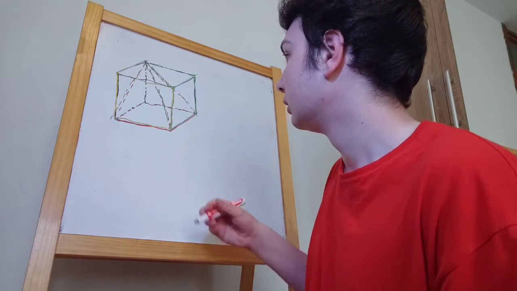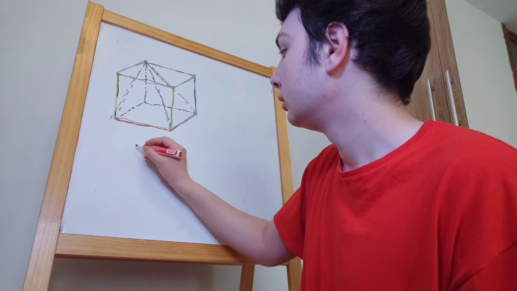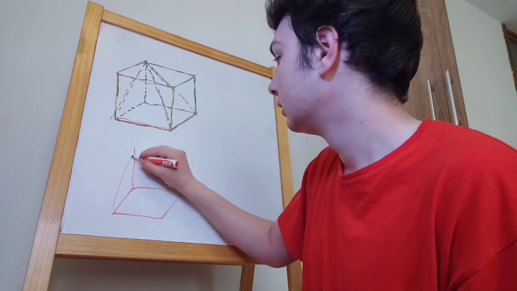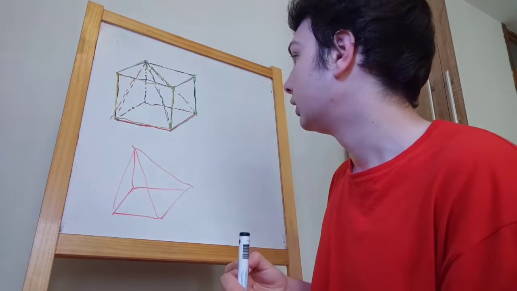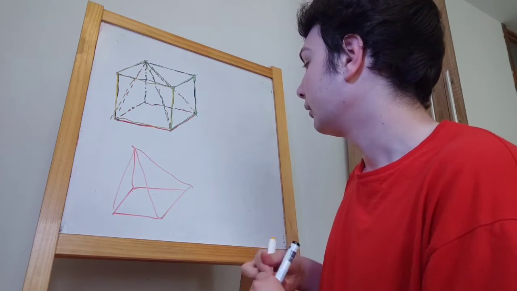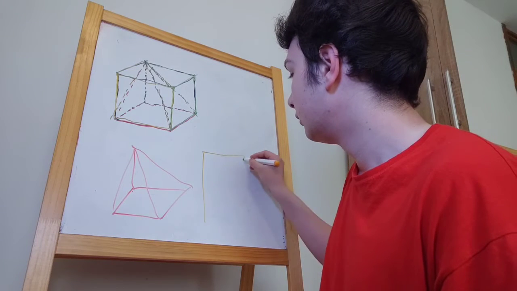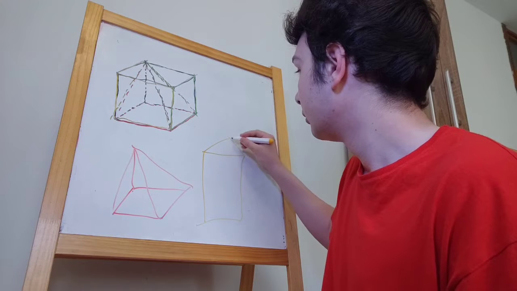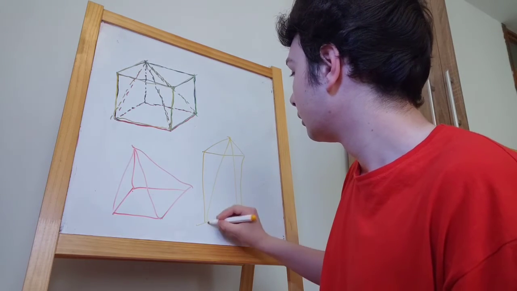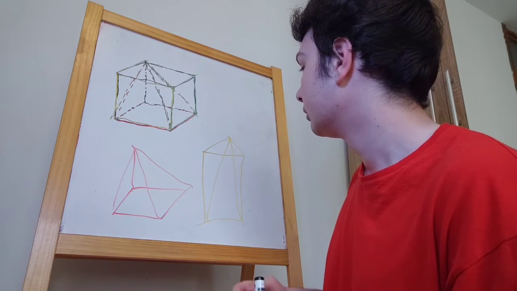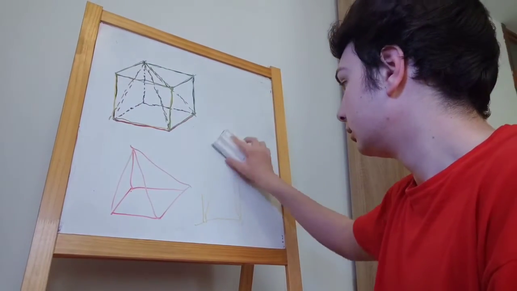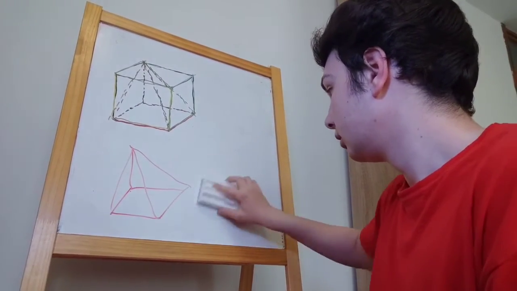So, you will roughly have something like this for the first one, then this for the second one. I made it abnormally tall, so I just redo this.